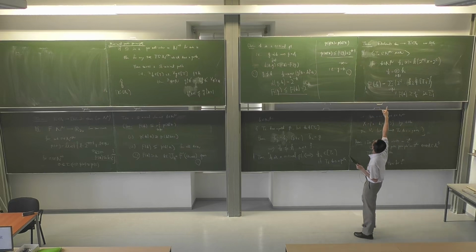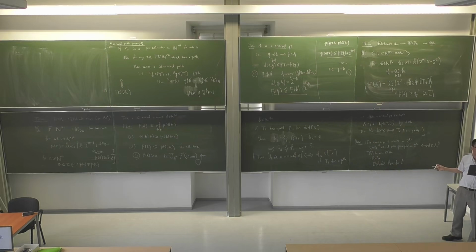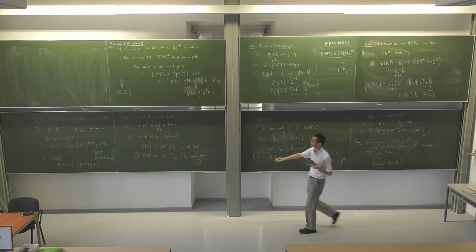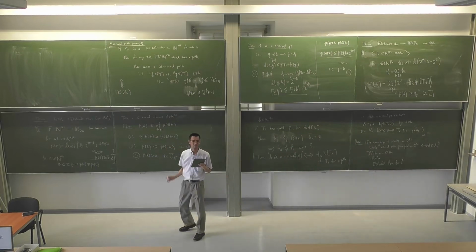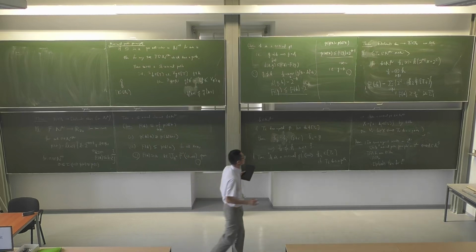I work over ACA0, but you can first do the same thing for Cantor space over RCA0. For Cantor space, we can easily find a leftmost path by this style of discussion. So that's good enough.